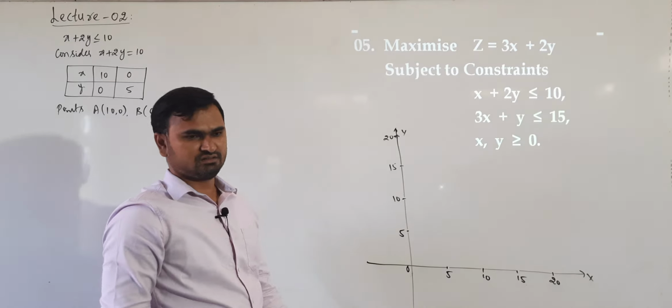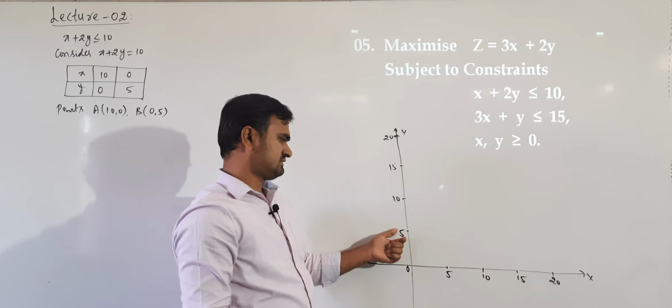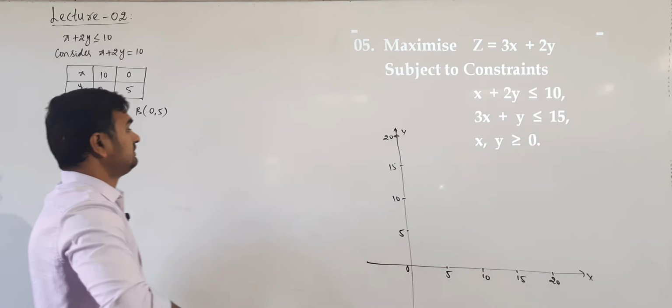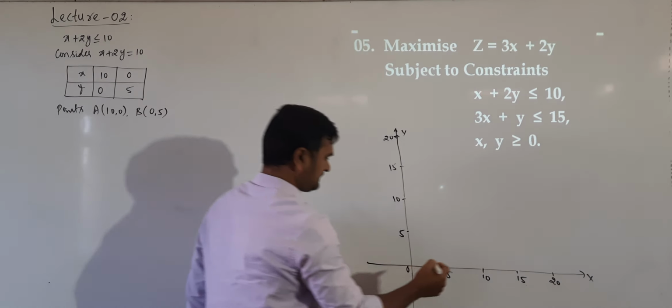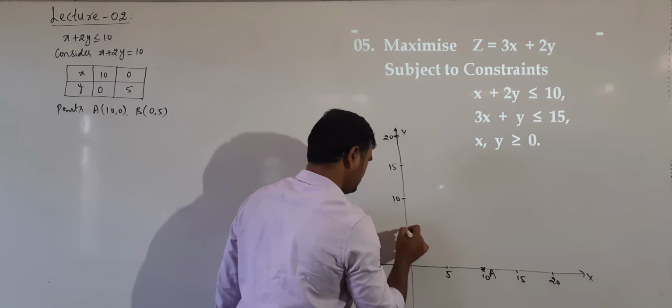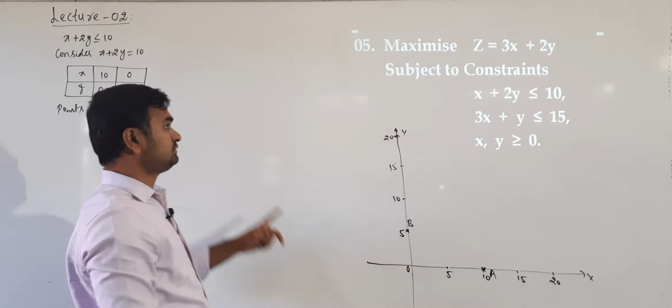You can write the scaling: on the x-axis 1 centimeter equal to 5 units, on the y-axis 1 centimeter equal to 5 units. Here the points are 10, 0, which is point A, and 0, 5, which is point B. So let's draw a straight line passing through these two.